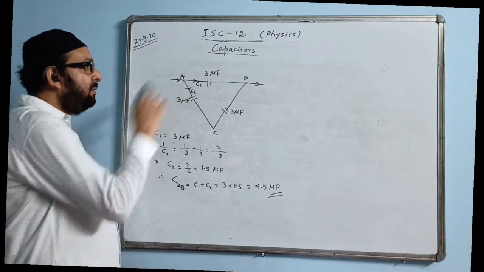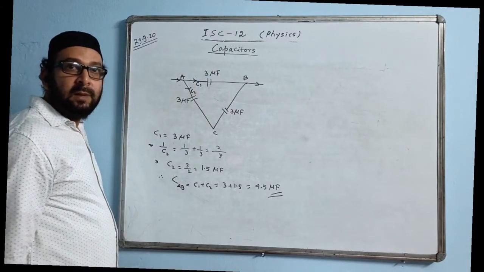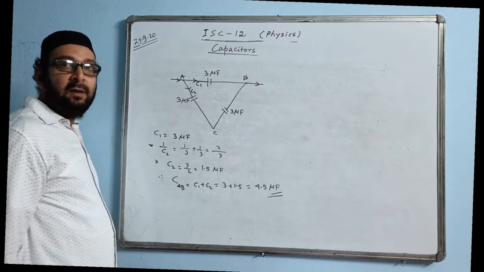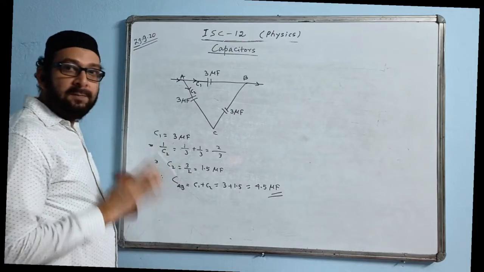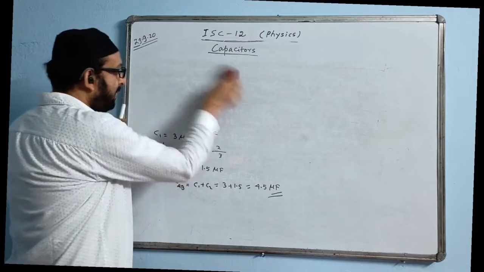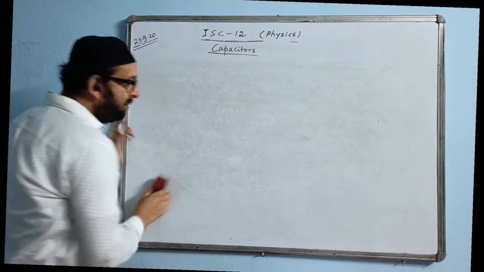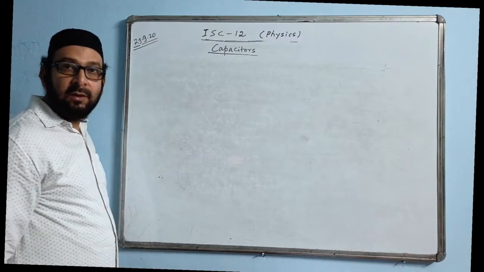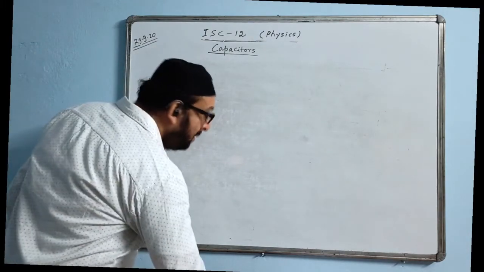They give a group of capacitors and ask you to find the equivalent capacitance. You have to identify whether they are in series or in parallel, and accordingly calculate it. When the charges are dividing, they are in parallel. When the charge flowing is the same, they will be in series.